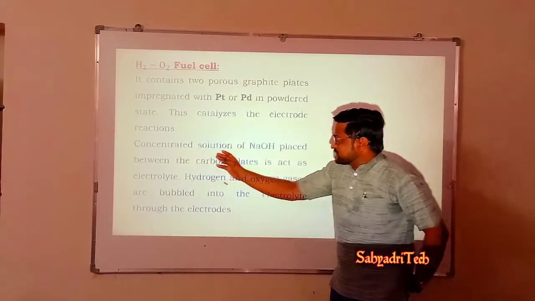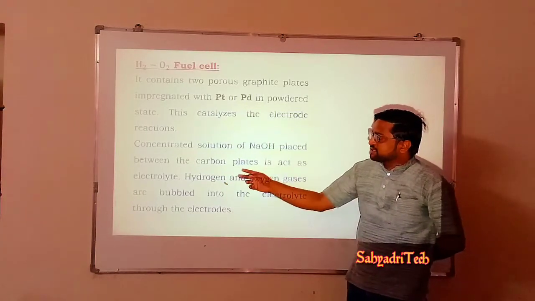A concentrated solution of sodium hydroxide is placed between the carbon plates.